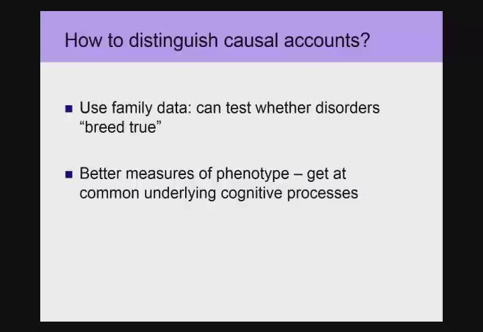The other thing you can do is to take a much more detailed look at what we call the phenotype, the actual presenting features, rather than just saying somebody has dyslexia, somebody has language impairment. Let's try and drill down and say, where are the similarities between conditions? Is it particular aspects of the person's difficulties that are correlated?